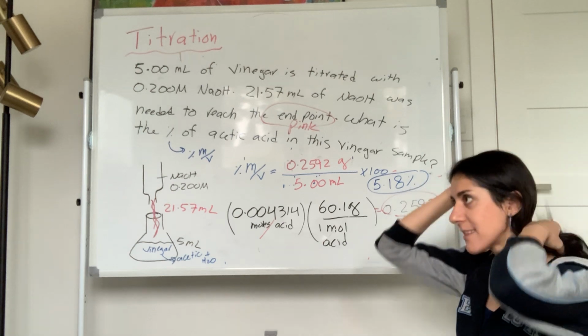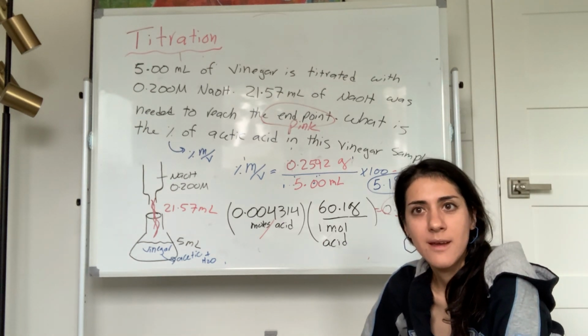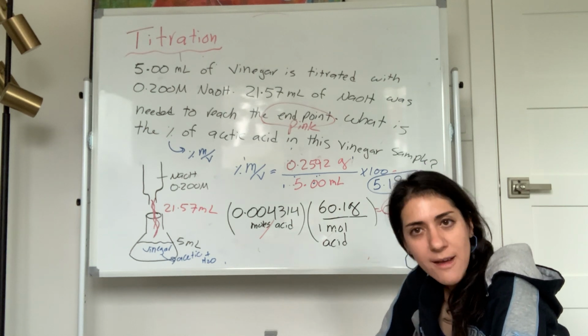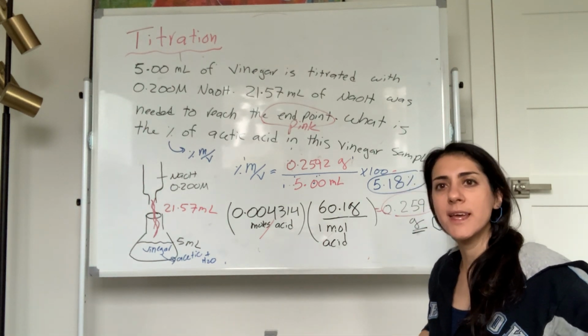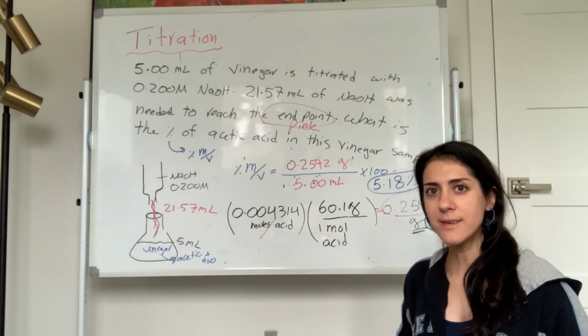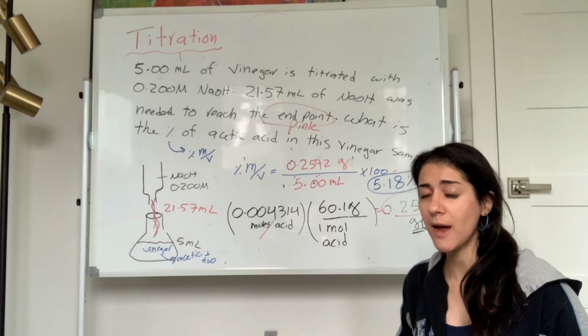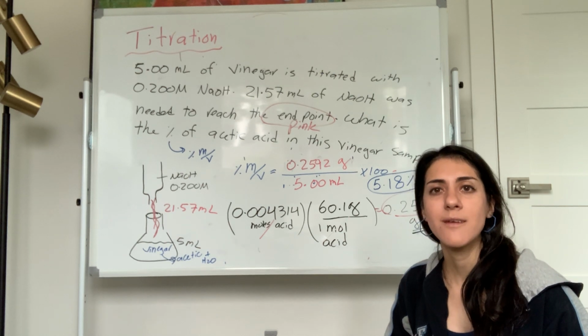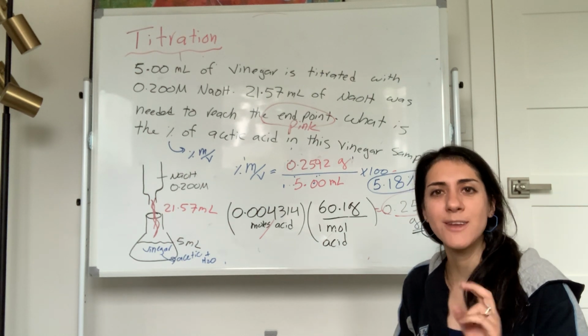Now I have a challenge for you. As soon as you're done with my video, go to your fridge. If you have vinegar in your fridge, take out the vinegar and read the label. And on the label, I promise it will tell you the percentage of acetic acid in your vinegar.